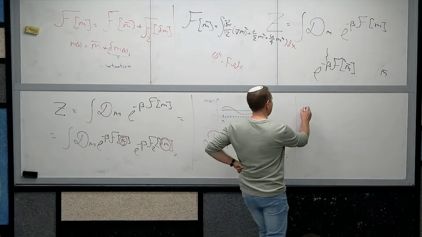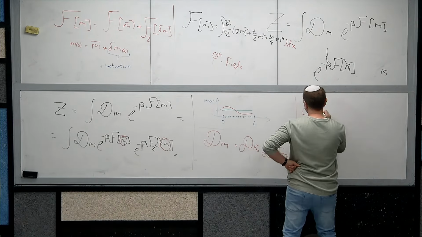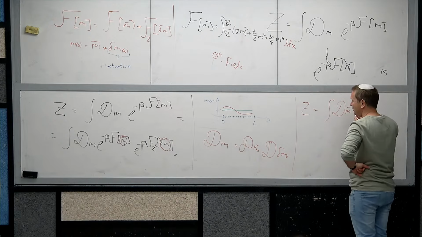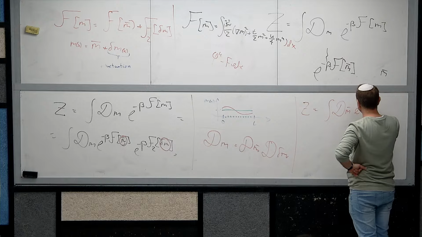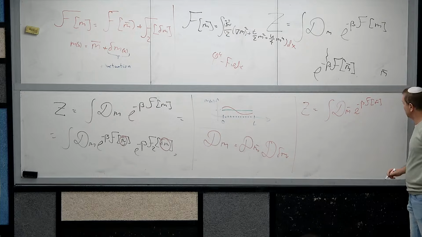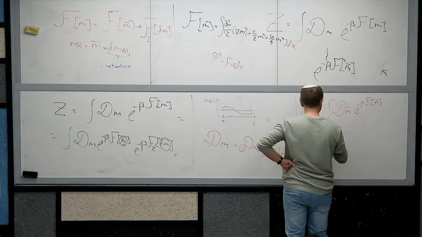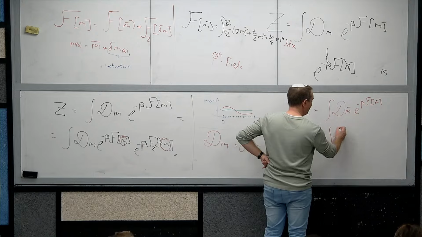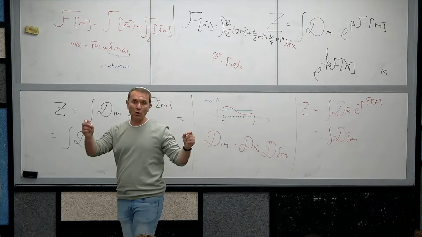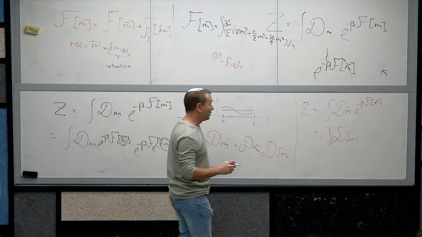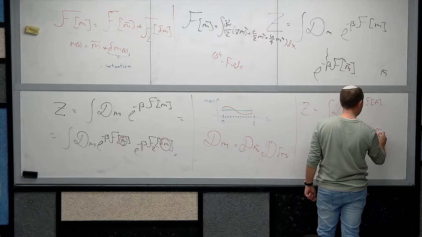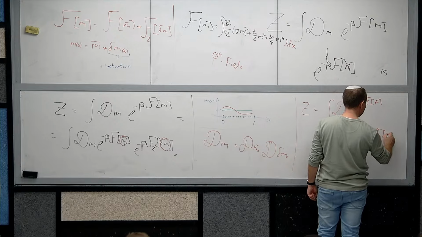So what does it bring us to? It brings us to Z equals an integral over d m star e to the power minus beta f m star, which is a constant, multiplied by an integral of d delta m, over all the possible delta m's at all the possible x's, of e to the power minus beta, what we call f2 delta m.